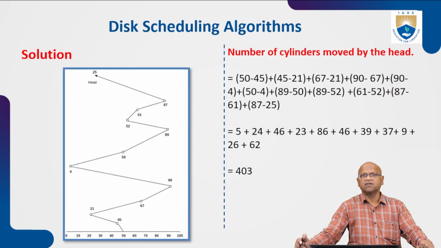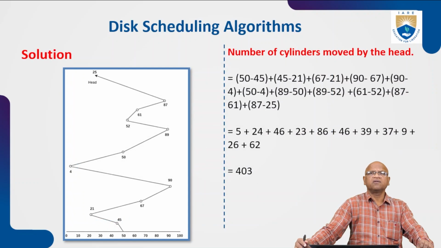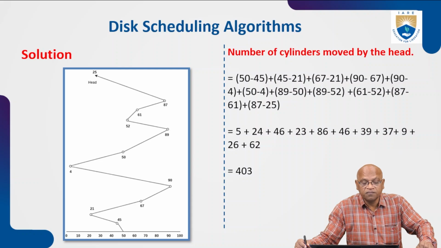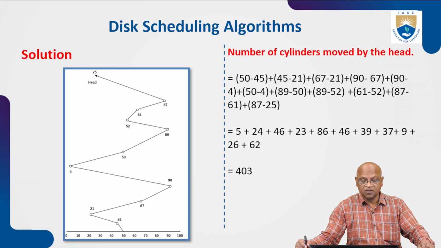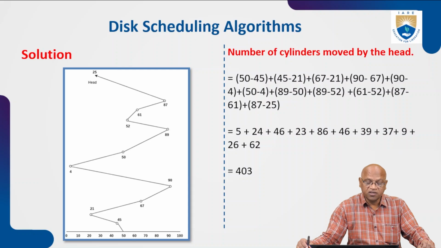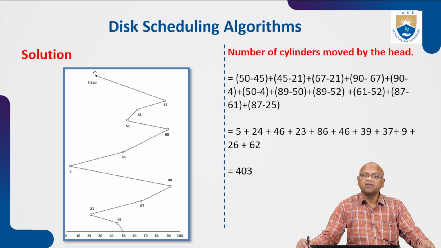If you look at this one, when it is moving, it is a simple example. The number of cylinders moved by the head: this is another example. Initially at 50, it moved from 50 to 45. So how many cylinders? 50 minus 45, 5 cylinders. From 45 it moved again to 21, so 45 minus 21.